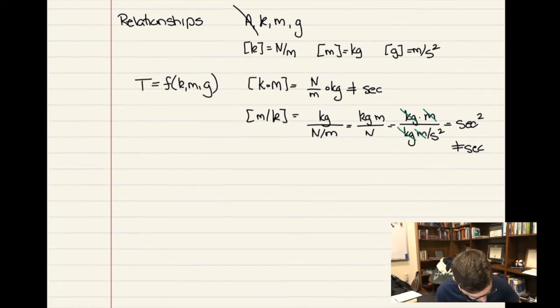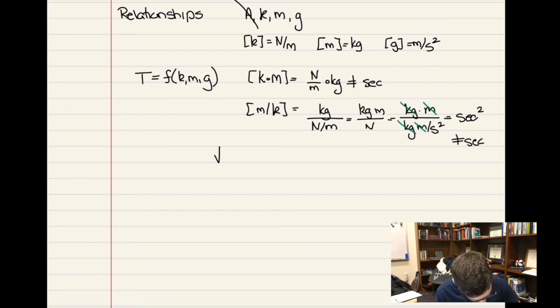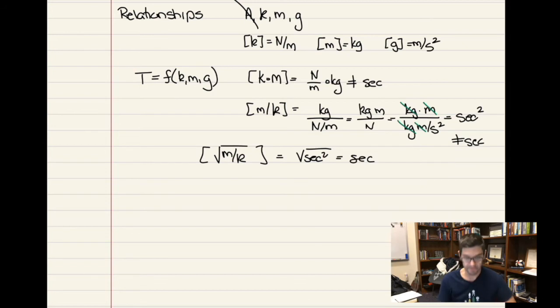So you might say, what if I take instead the square root of m over k? That has units of the square root of seconds squared, or seconds. And it turns out this is the only way to combine these three particular variables so that that is the case.